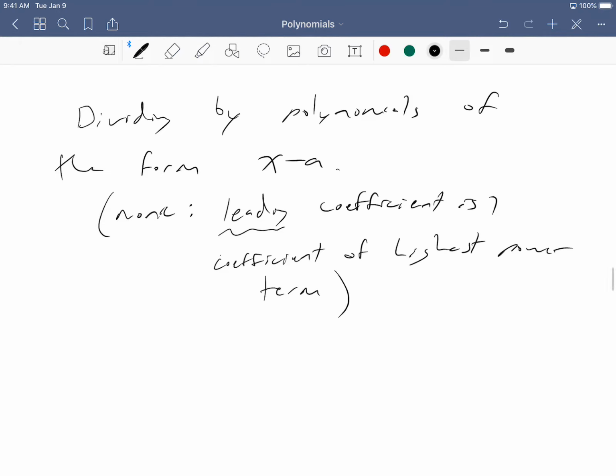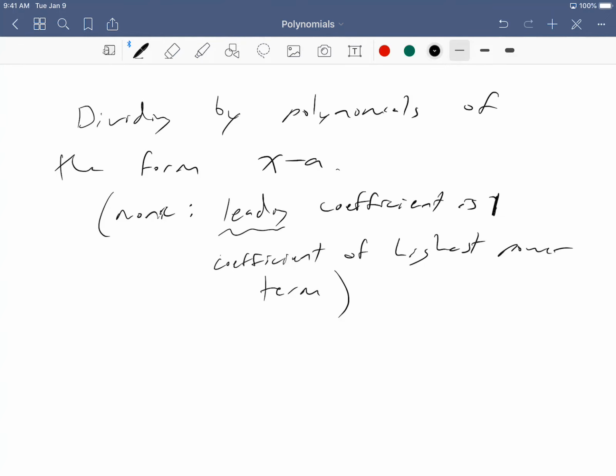And so a monic polynomial is always 1 times x to the degree of the polynomial. All right, so we're going to be dividing polynomials by polynomials that are linear and monic. So they're of the form x minus a.